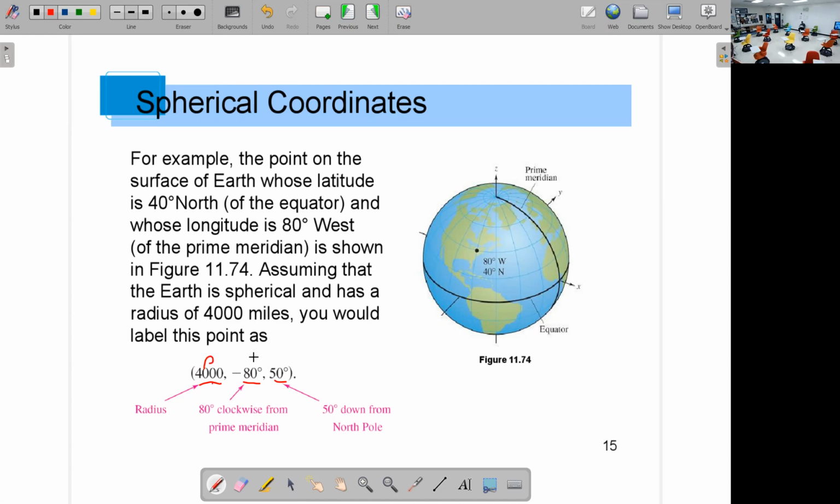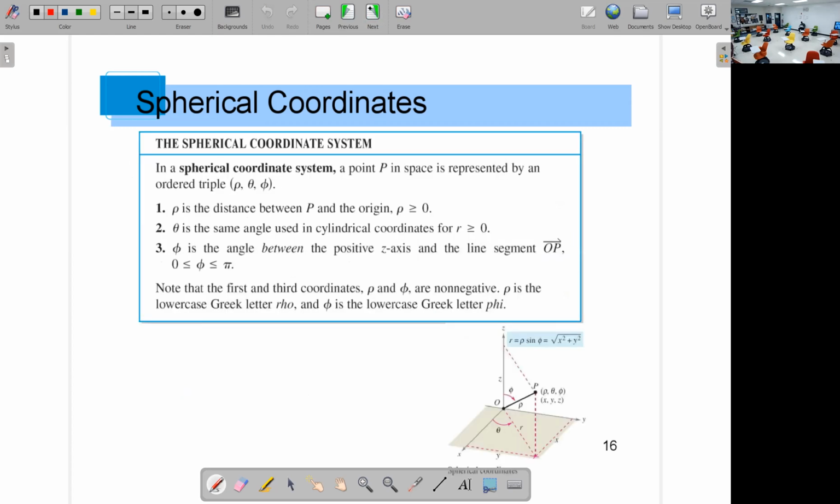This is theta, the angle clockwise from the prime meridian, and this is the angle from the North Pole, so that would be your phi. I think you might see these spherical coordinate systems somewhere on GPS.